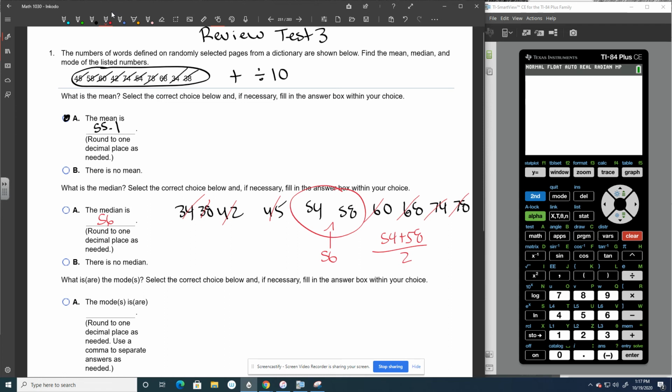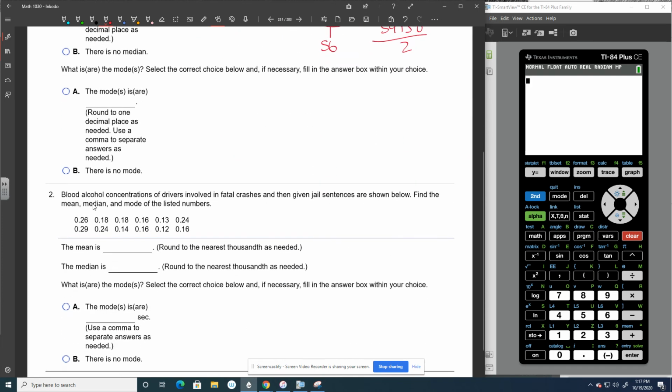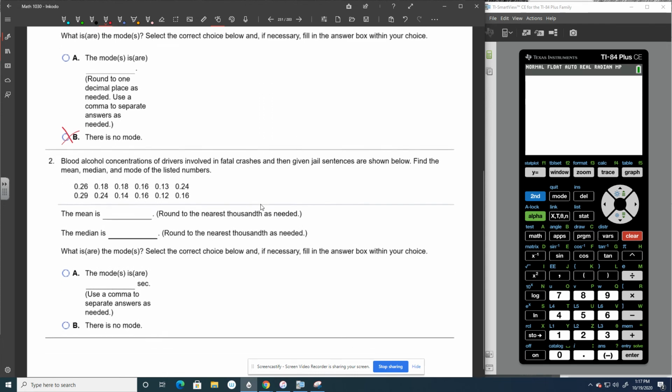The mode is the number that shows up the most, and in this case, they all show up once, so we would select that there is no mode, okay? There's no number that shows up the most often.